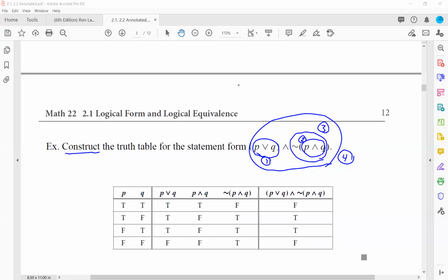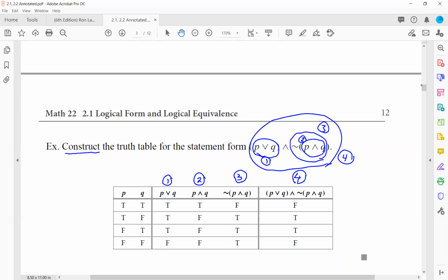Then the first compound statement is P or Q. It forms your next column. Then you have P and Q as the column after P or Q. Note that negation is attached to P and Q. So you get your third compound statement. And finally, your last statement is P or Q and not P and Q.